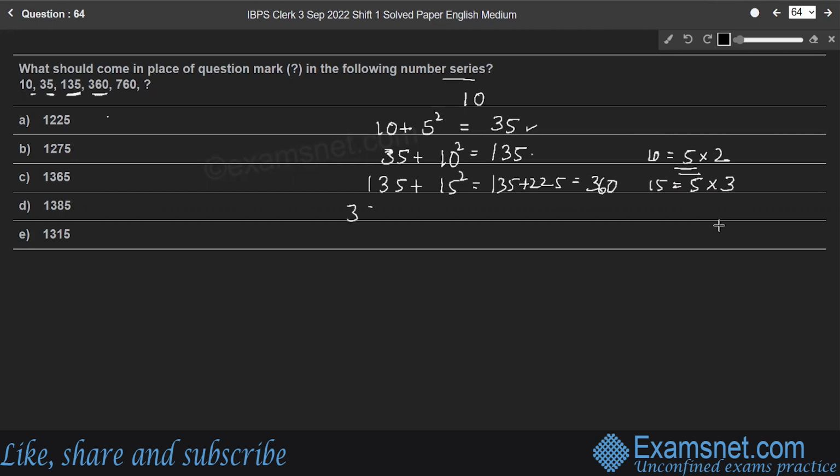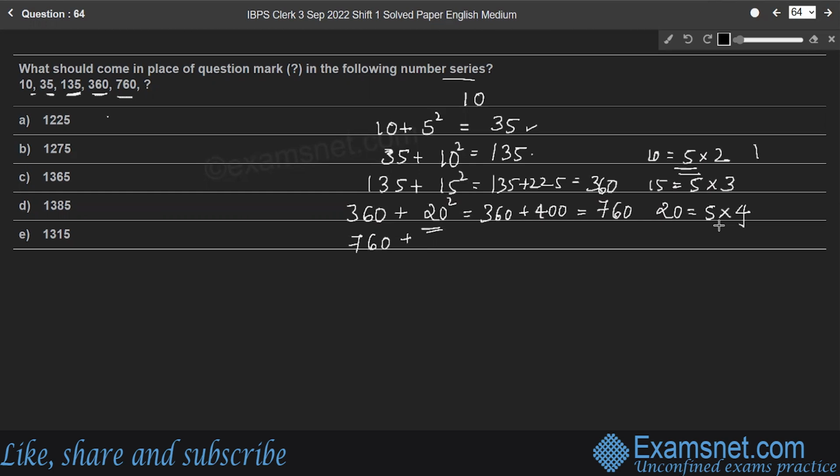So to 360, when 20 square is added, 20 square is 400, right? We'll get 760, which is the fifth number. So to 760, what should be added here? In the previous number, 20 is again a multiple of 5, 5 into 4 it is, right?